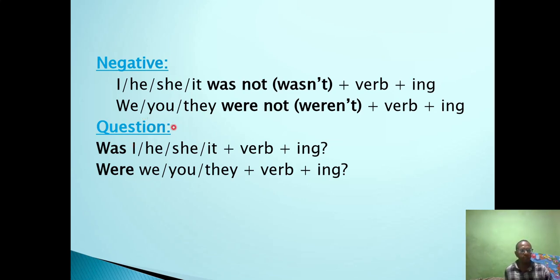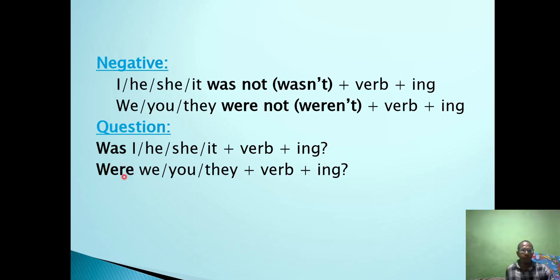And the other is the question. How are we going to make questions using past continuous tense? This is another area that we should emphasize. Was is used with subjects like I, he, she, it, since they are singular, plus verb with ing, and lastly a question mark.